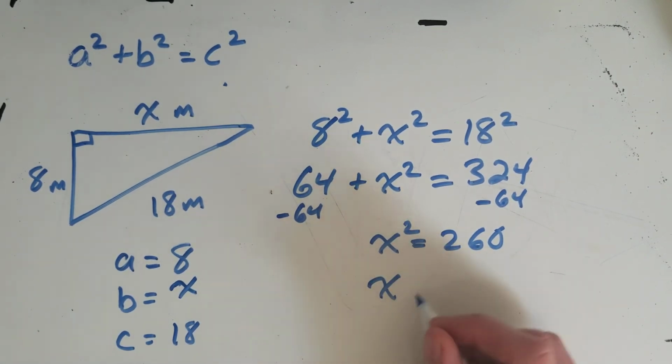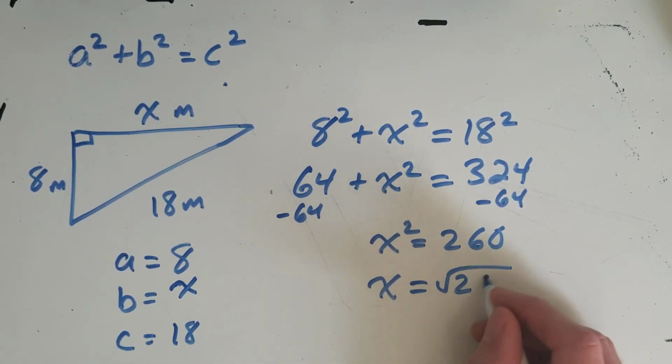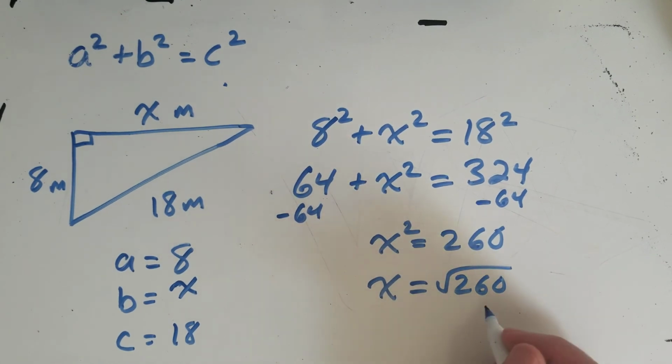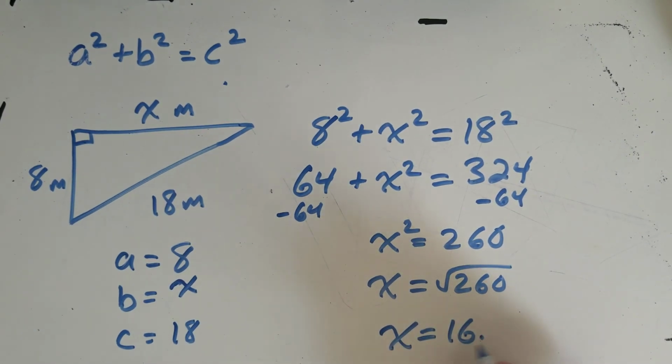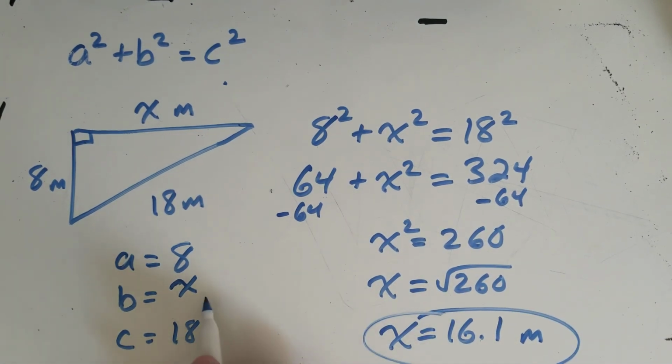Again, to get rid of the squared, you have to take the square root of both sides. So you're going to have x is equal to the square root of 260. And if we round to the nearest tenth here, x would be equal to 16.1 meters. So meters, and we're all done. And that was the missing leg that we were finding there.